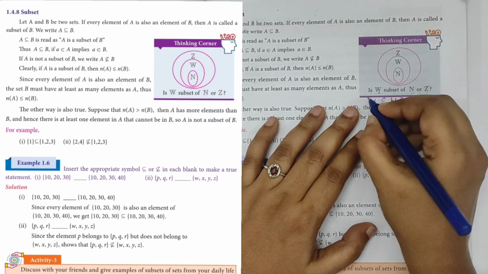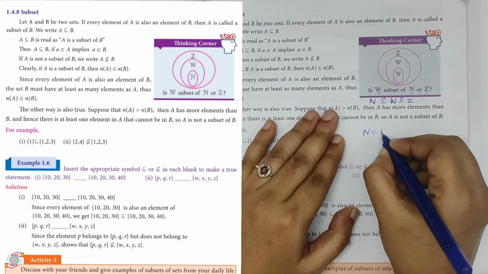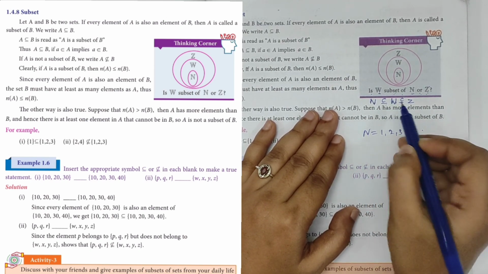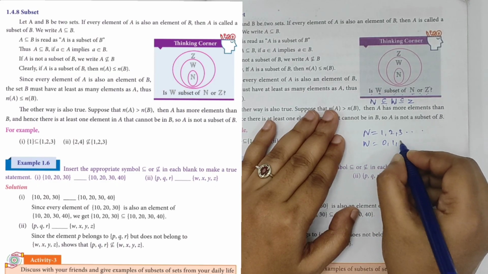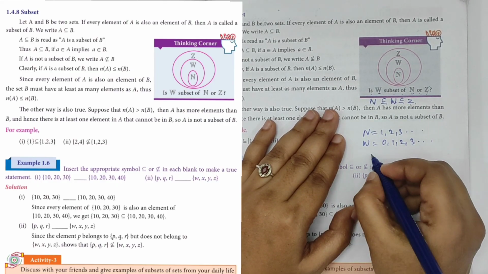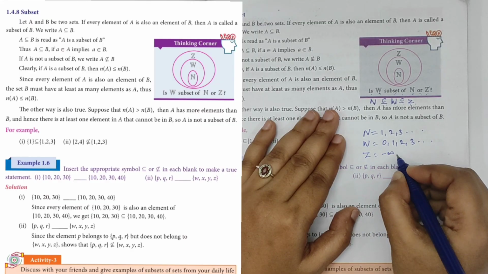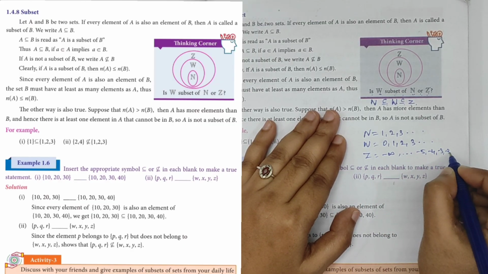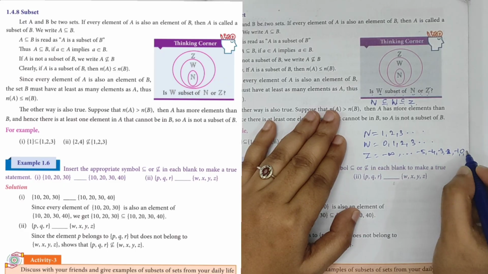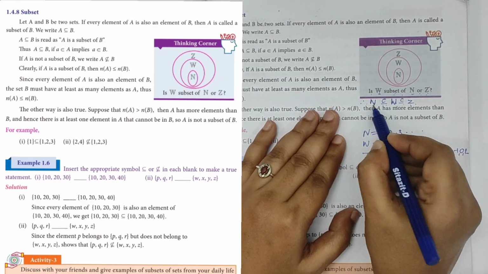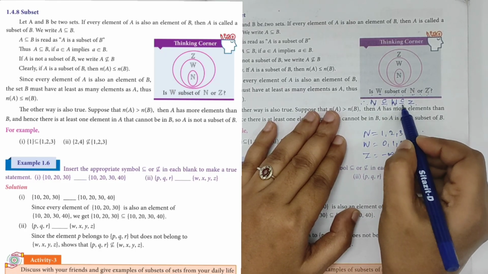Natural numbers start from 1, 2, 3 and go on. Whole numbers start from 0, 1, 2, 3 and go on. Integers start from minus infinity, like minus 5, minus 4, minus 3, minus 2, minus 1, 0, 1, and go on. So the answer is: natural numbers are a subset of whole numbers, which are a subset of integers.